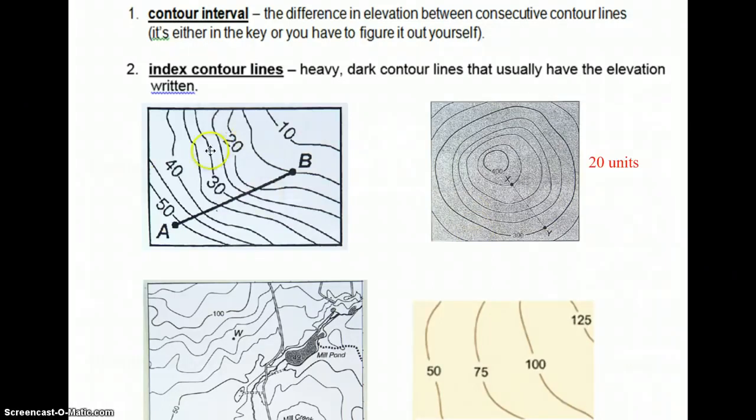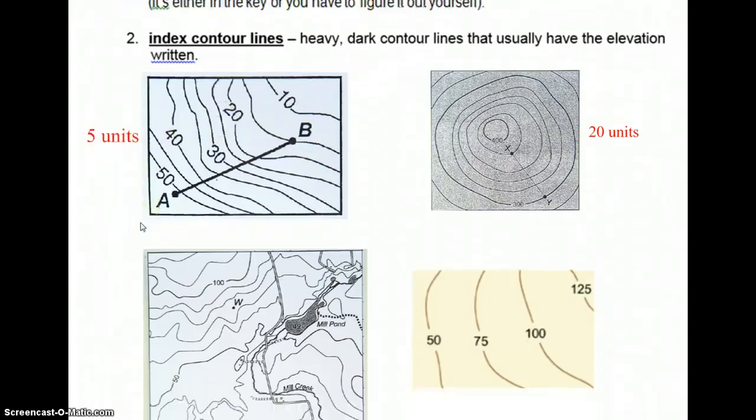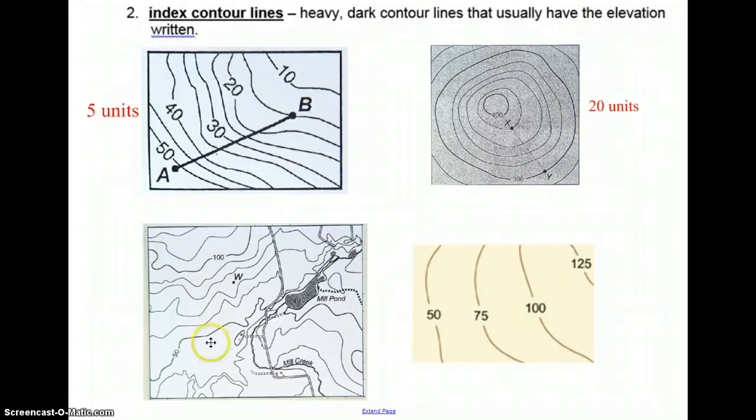Let's take a look at this top left map over here. So we're going from 10, and then we're skipping a line. It's not labeled. Then we're going to 20. So that one's pretty easy. We're counting by 5s. The bottom left map over here, I see that this contour line is labeled as 50, and this contour line up here is labeled as 100.